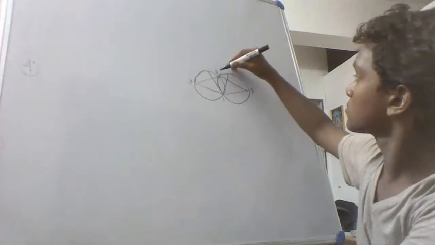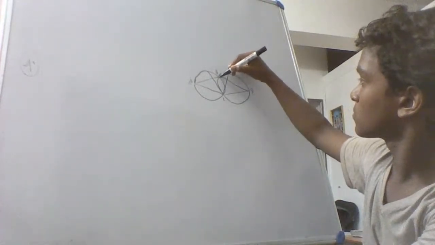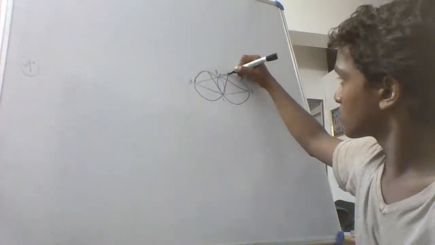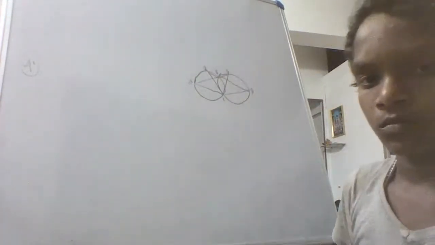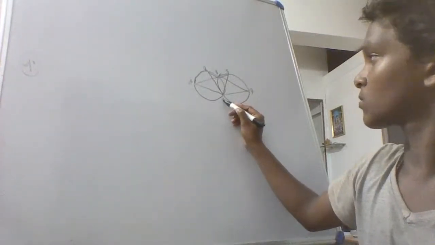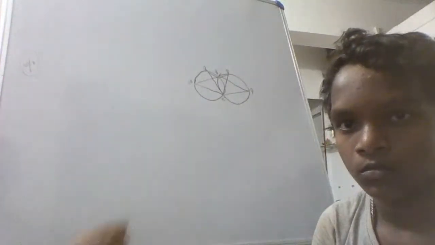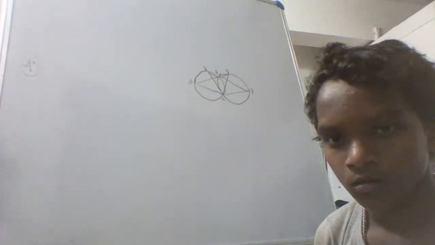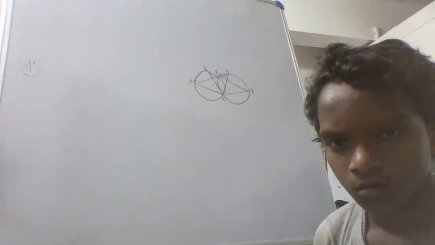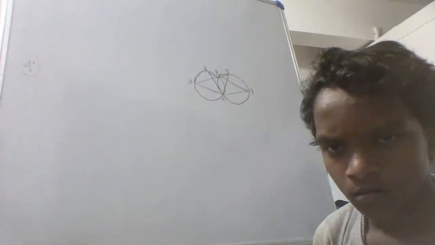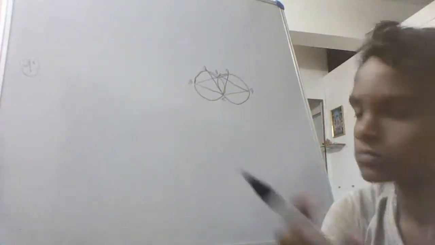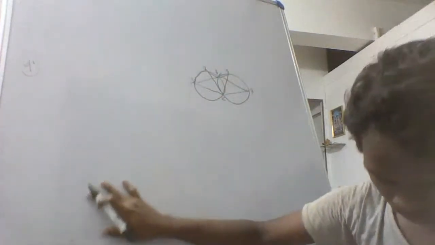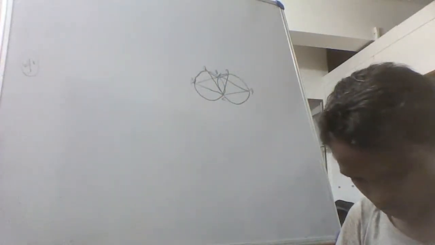I hope you understood this. Please look at the points carefully. You have ABD here, correct? And you have ACD here, correct? And PBQ is there, right? So hence we have put that here.